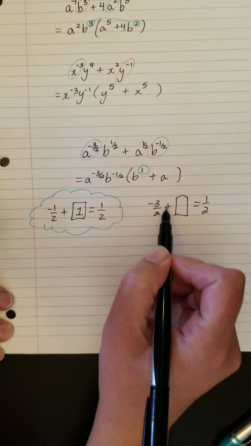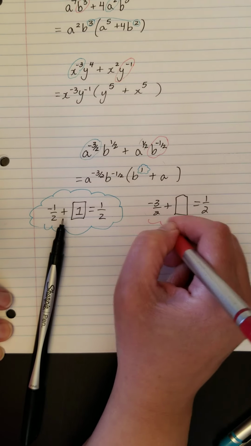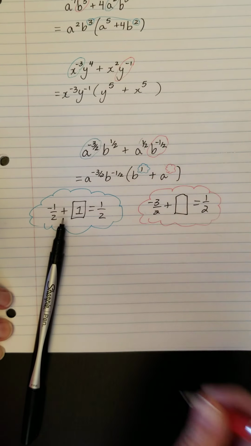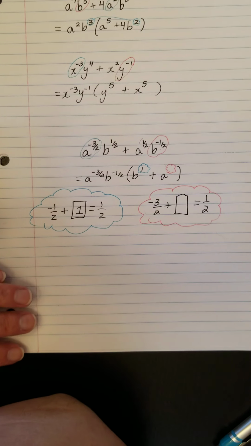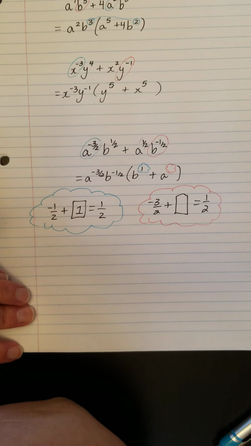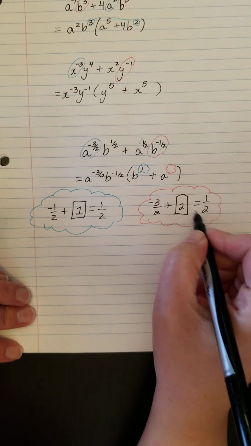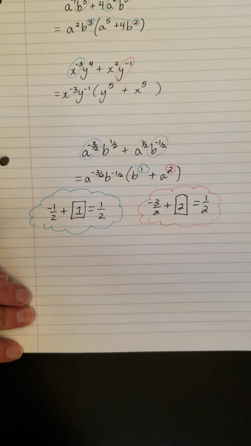So negative 3 over 2 plus something is my exponent on my a. That's my thought bubble of how I get that exponent. So here, negative 3 over 2 plus 2 equals 1/2, because that's negative 1/2, and we want to add something to get to positive 1/2. So that would be an a squared.